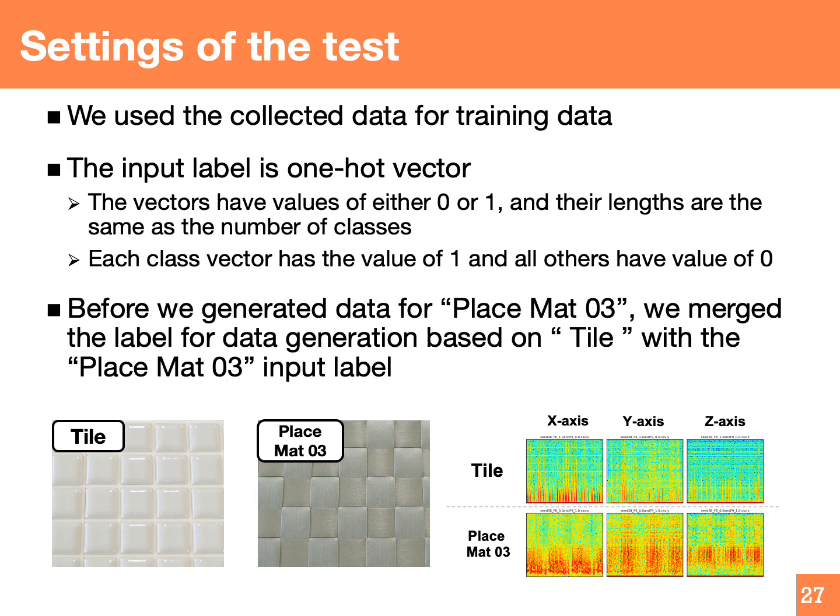Before we generated data for placemat03, we matched the label for data generation based on tile with a placemat03 input level. We held the experiment using tile and placemat03 because generated data based on these textures had striking characteristics.